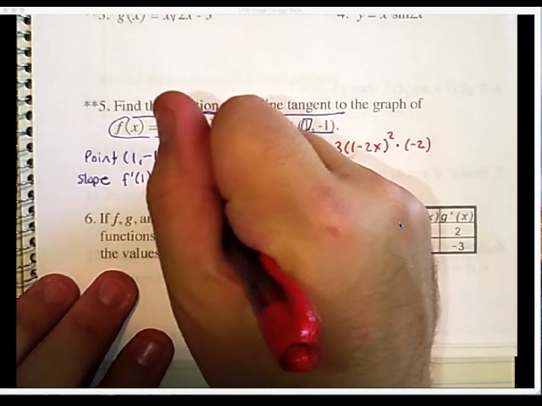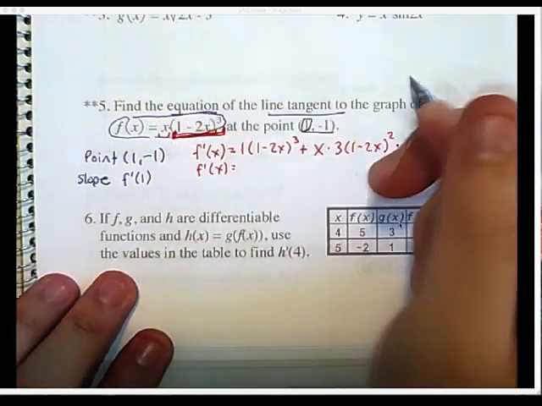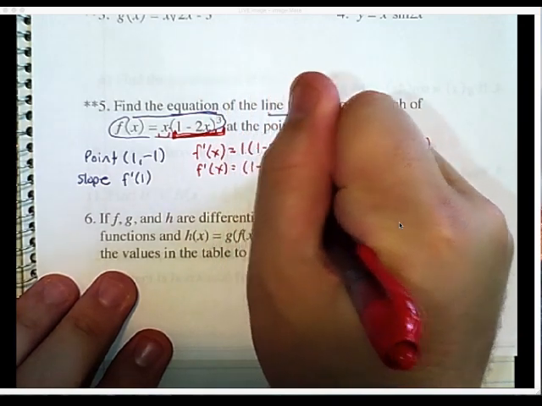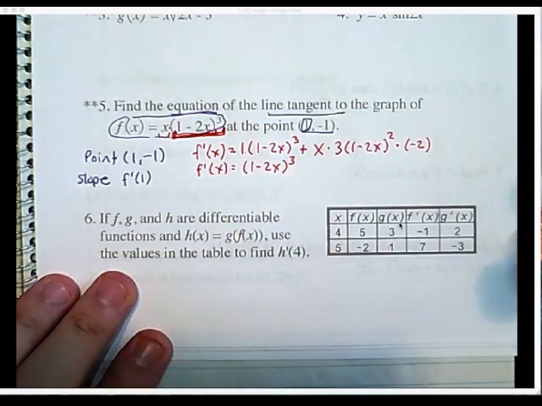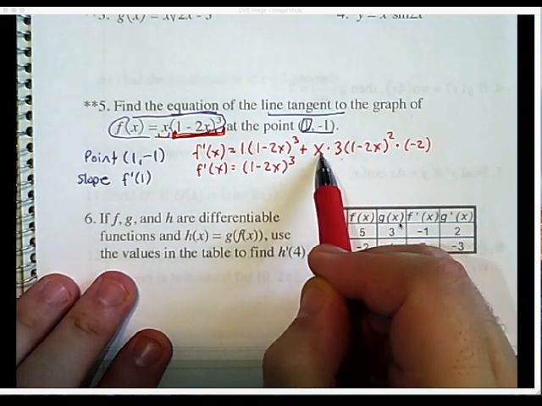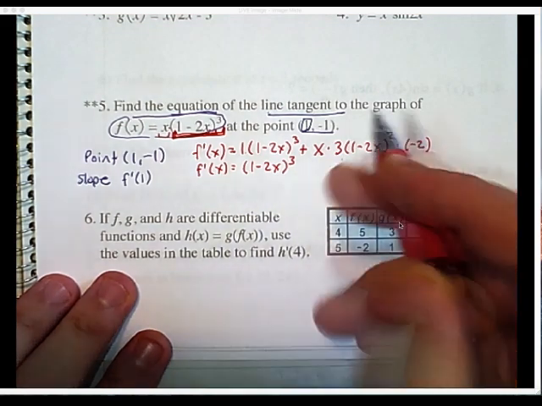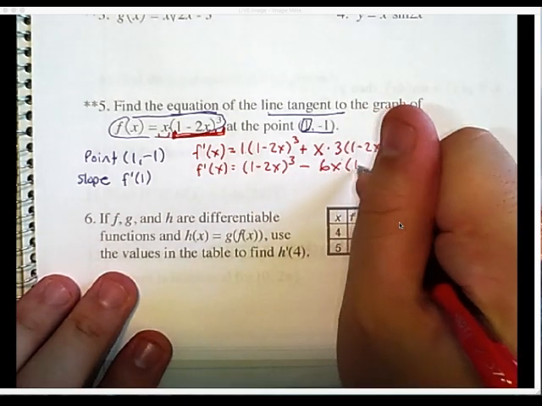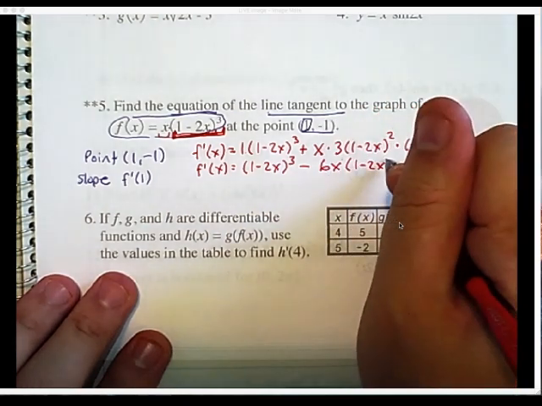So therefore, f prime of x would equal 1 times all of this, well, 1 times anything is itself. And if you think about this, you have a 3 times x, that's 3x, times a -2 would be -6x, 1 minus 2x squared.